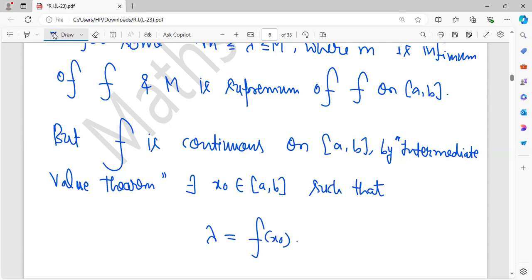So what is the intermediate value theorem? Because supremum and infimum are always attained by a continuous function, small m will be some f(x1) and capital M will be some f(x2). Small m is equal to f(x1), and capital M is equal to f(x2).